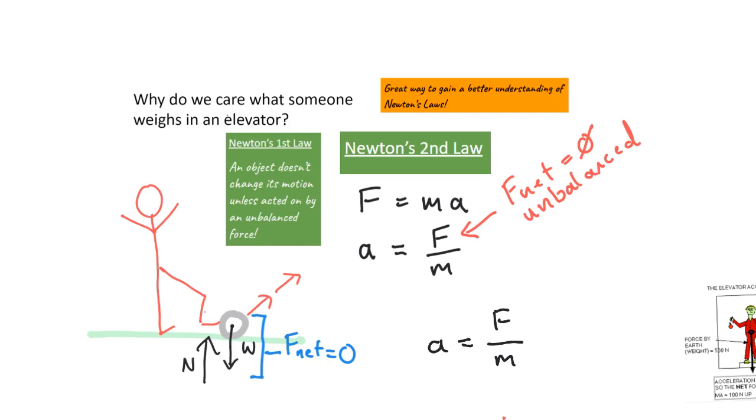We can see that if mass is kept constant and we increase our force, then acceleration is also going to increase, right? And if force is kept constant and we increase our mass, that would be down here, then acceleration will decrease. That is what this equation tells us.